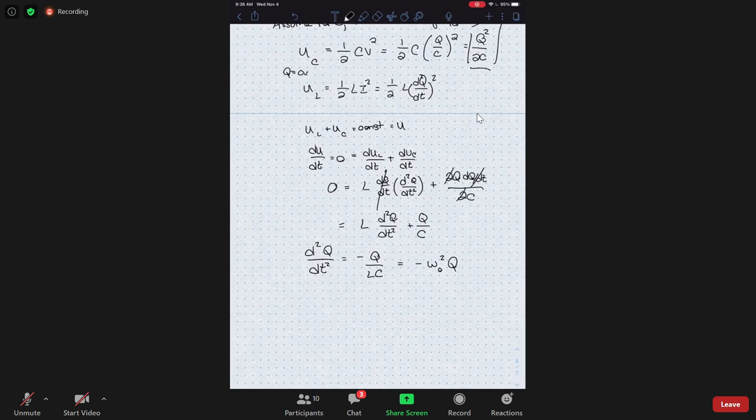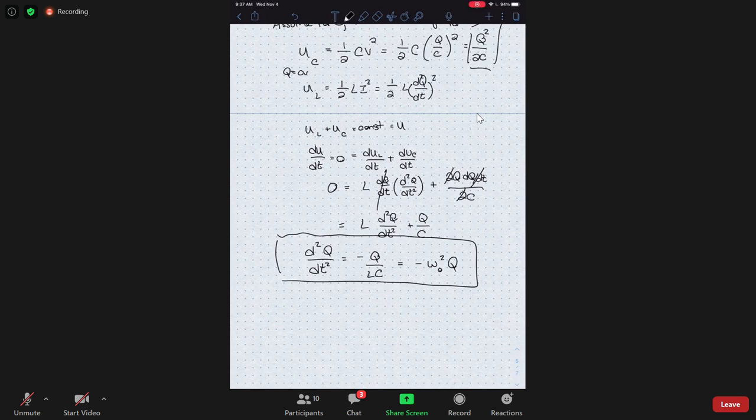This is a classic differential equation that you should have seen many times by now. Even if you don't know how to solve it, you should recognize that there is a class of functions where if you take the second derivative of it, it gives you the same function with a minus sign.